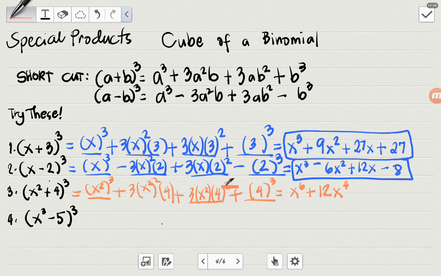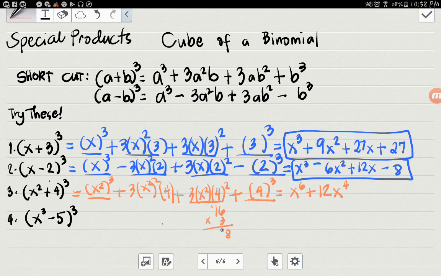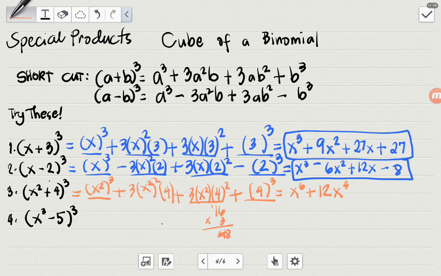Square ni 4 ay 16. 16 times 3, that's 48. 48 times x squared. So, plus 48x squared.